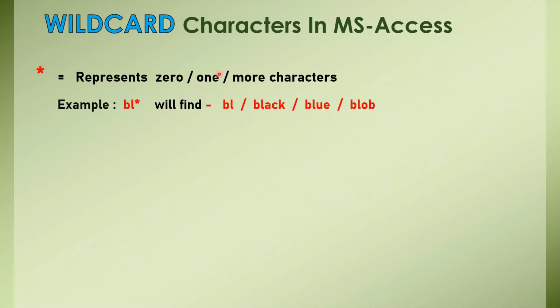It can also have one character or more characters. So BL star will match words like black, blue and blob. This is the way star can be used. Suppose the business requirement is to find words that start with B and L. This is how you need to write the pattern section of that query. I hope you got this.